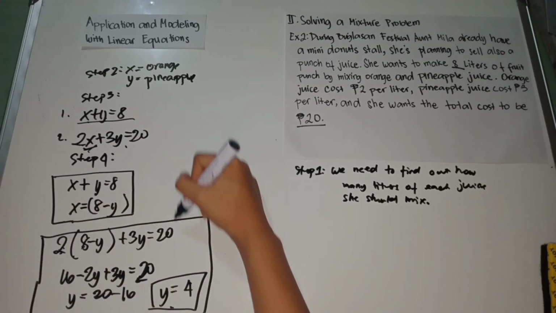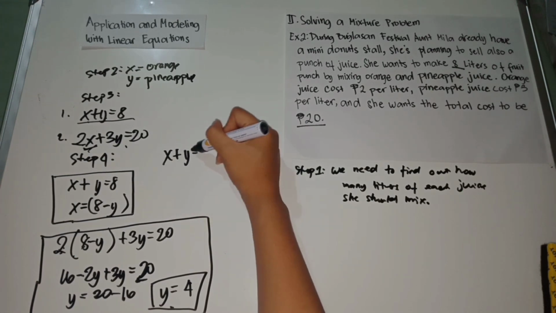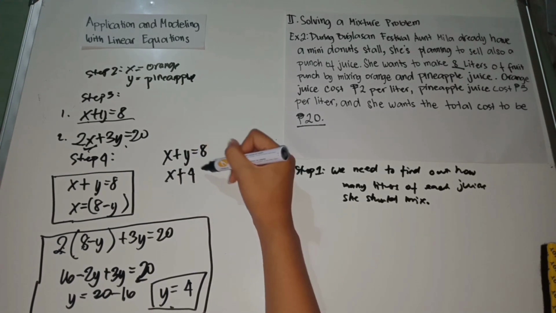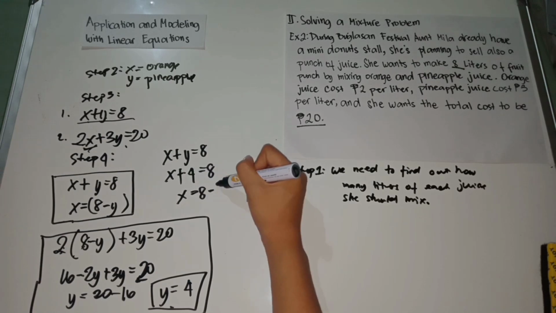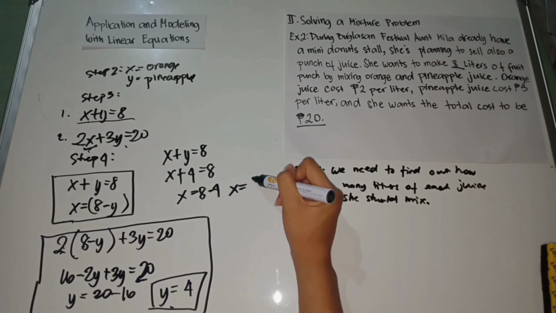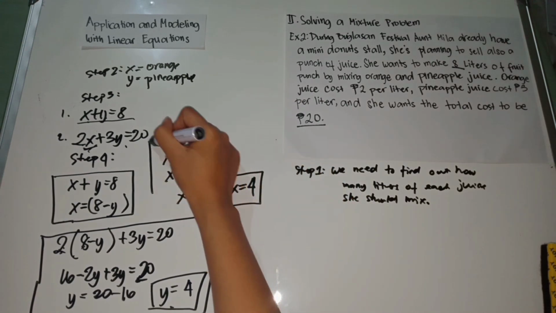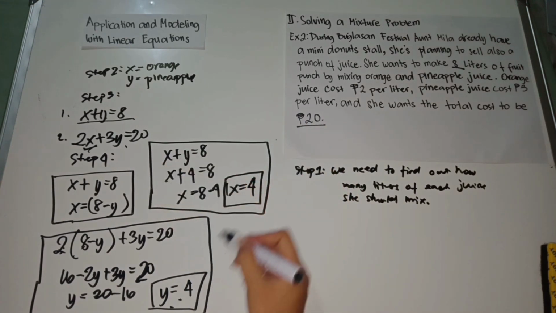So x plus 4 is equal to 8 and x is equal to 8 minus 4. So x is equal to 4. So that will be our value of y and x.